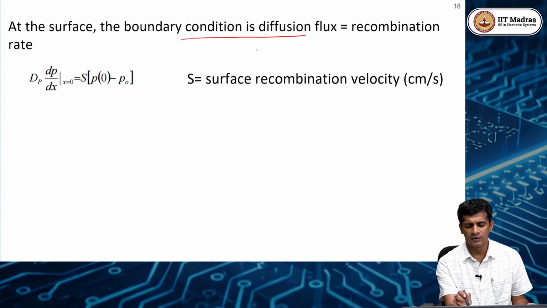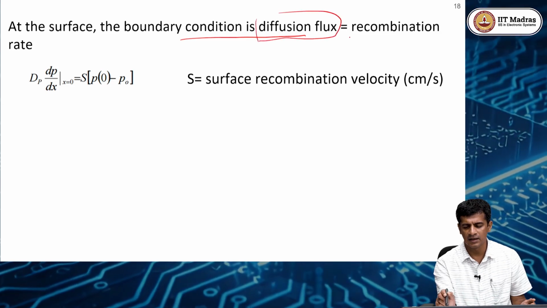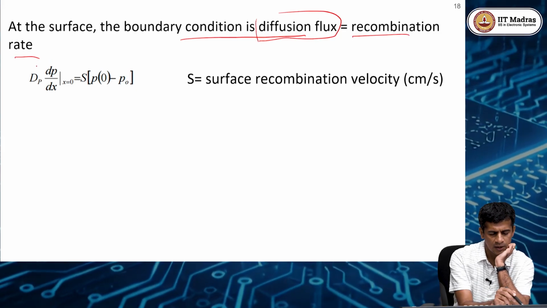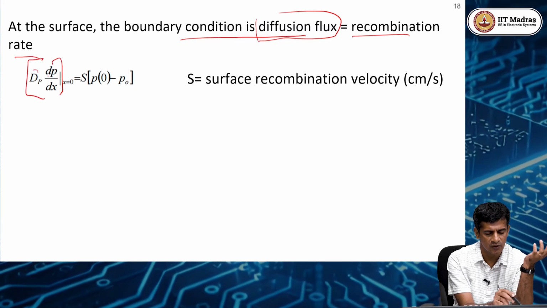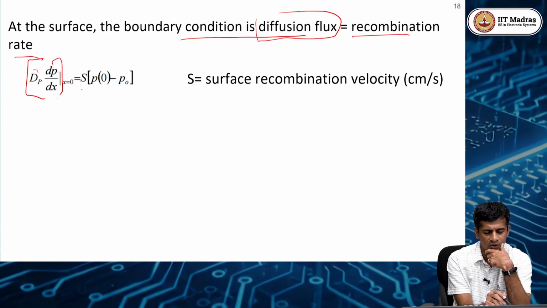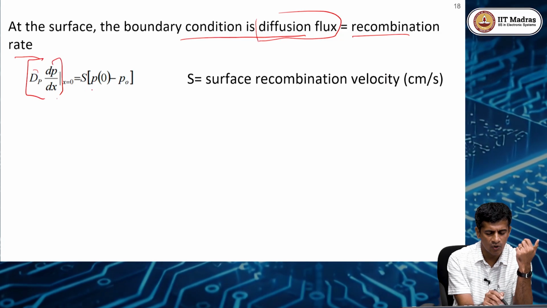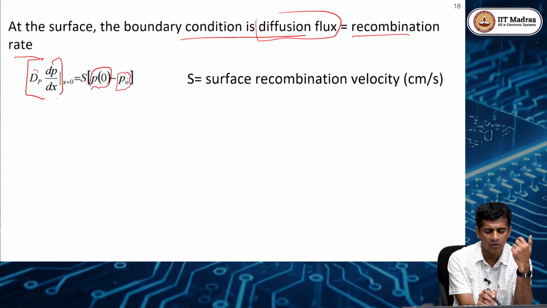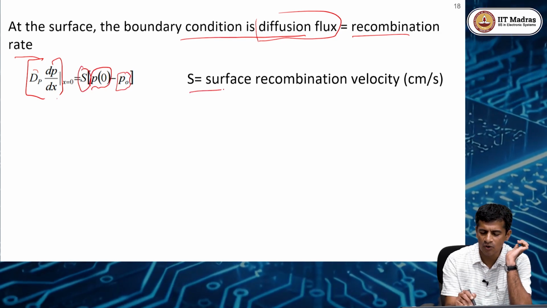So all you need to do is apply this: whatever flux is coming here should be undergoing recombination. This is the amount of holes which are coming, the diffusion flux, the diffusion coefficient multiplied by the gradient of the hole concentration. This is equal to the hole concentration at the surface minus the equilibrium hole concentration, multiplied by S. This term S is known as the surface recombination velocity.